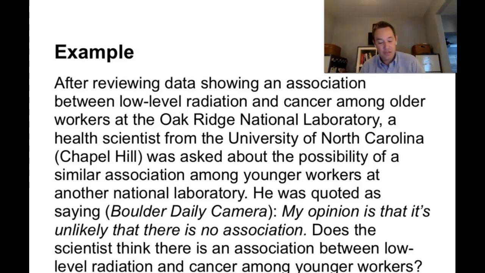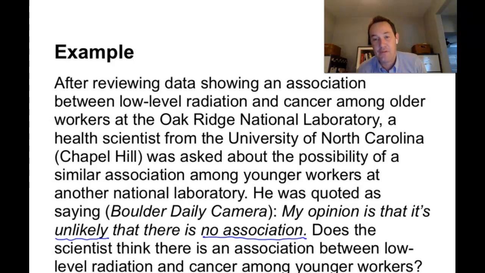All right, after reviewing data showing an association between low-level radiation and cancer among older workers at the Oak Ridge National Laboratory, a health scientist from the University of North Carolina at Chapel Hill was asked about the possibility of a similar association among younger workers at another national laboratory. He was quoted as saying, "My opinion is that it's unlikely that there is no association." Does the scientist think that there is an association between low-level radiation and cancer among workers?